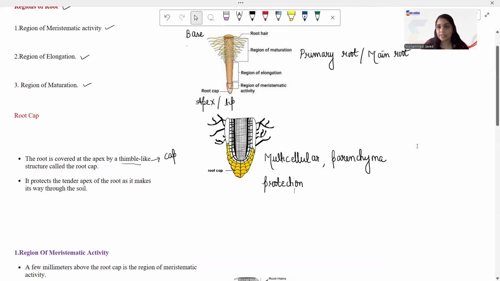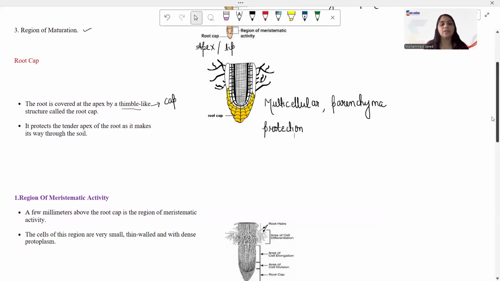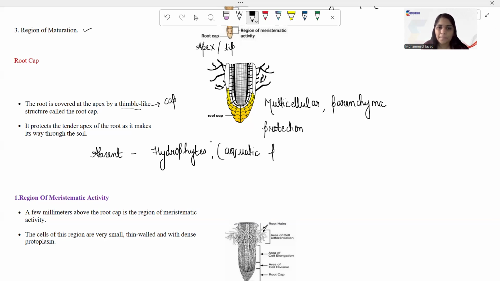Now the question arises, are root caps present in all roots? No. Root caps are absent in hydrophytes, which we also call as aquatic plants.